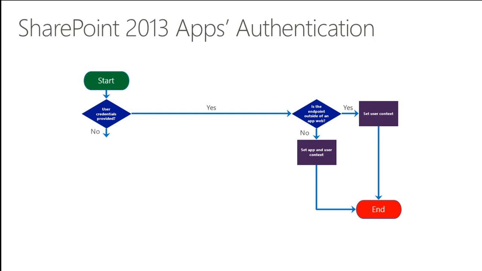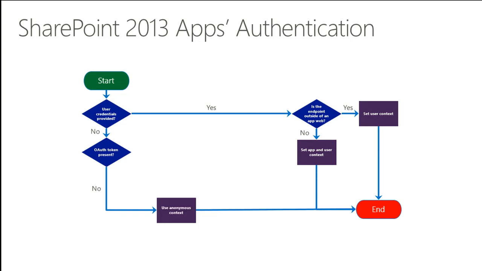But what if we don't have a set of user credentials inside the request? We could have a known token. If we don't have a known token, this will be an anonymous context. On the contrary, if we have a known token, we have to check if the endpoint is a CSOM or REST API endpoint.